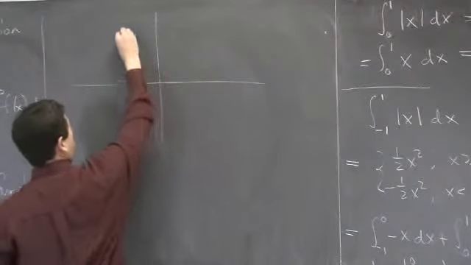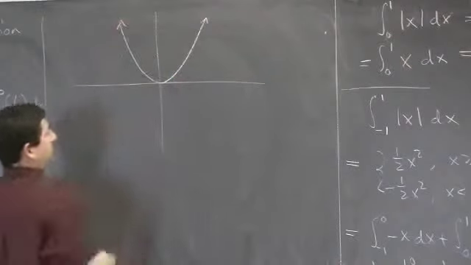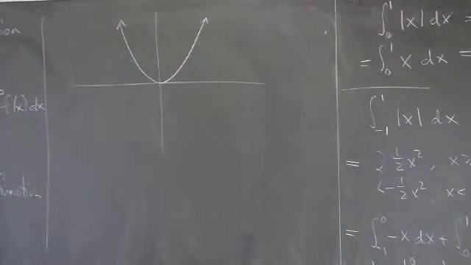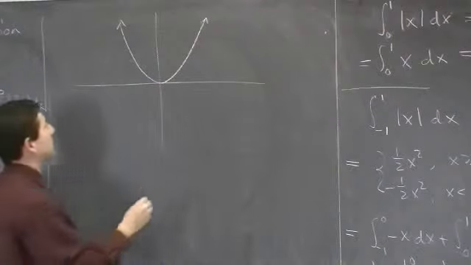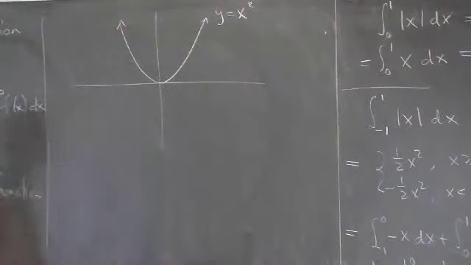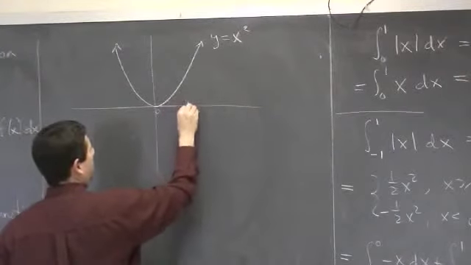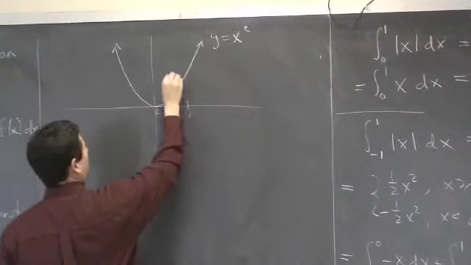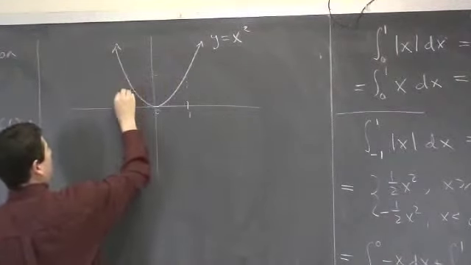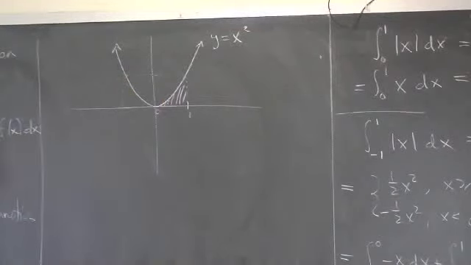Let's draw, say, x squared. This was our first, a very nice example of an even function. We already saw what happened when we computed the area between 0 and 1 under the curve.